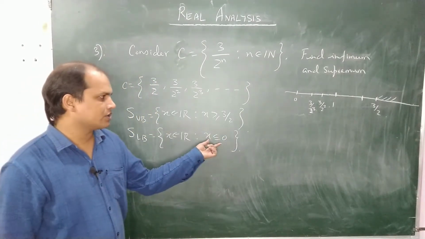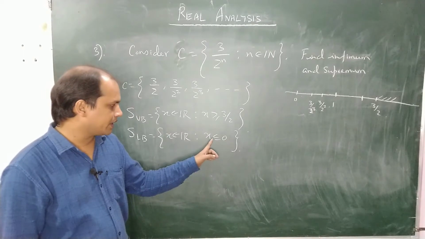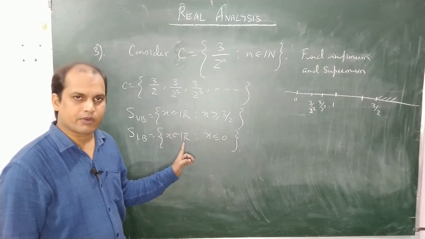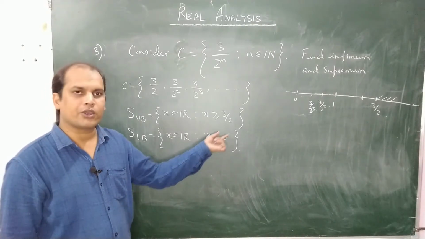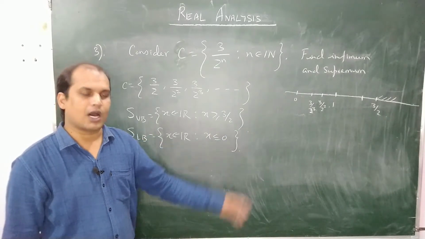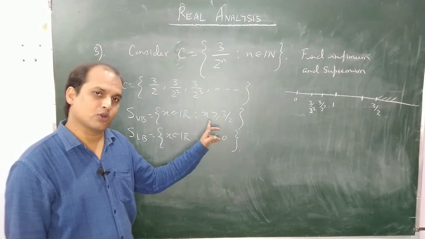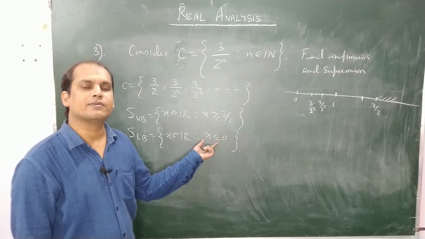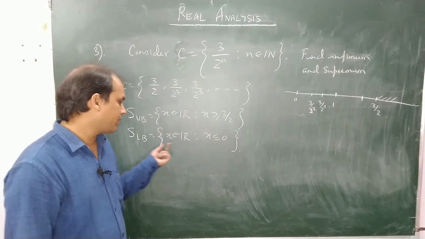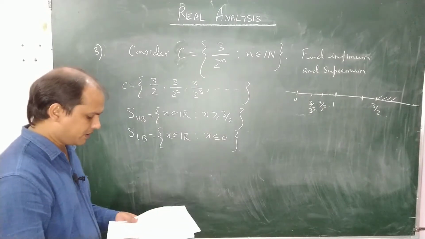Again the same logic: any number greater than 0 is not a lower bound. One can argue from the Archimedean property of real numbers that any number strictly greater than 0, however close to 0, can never be its lower bound.